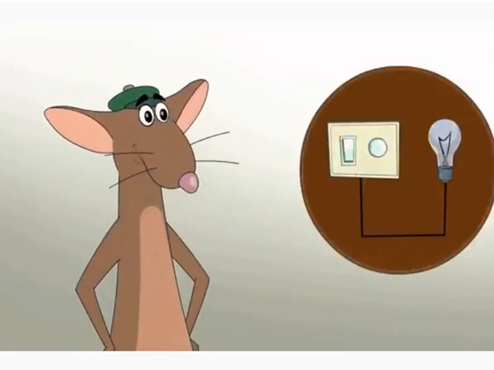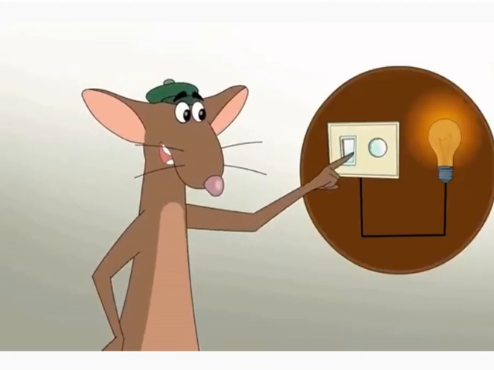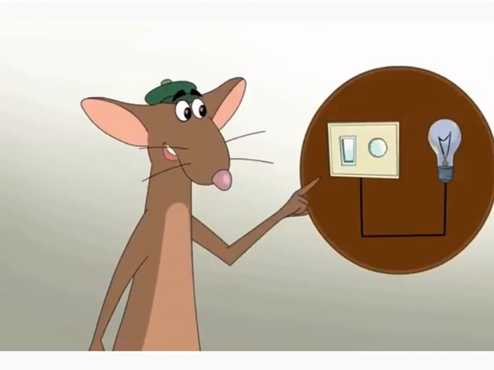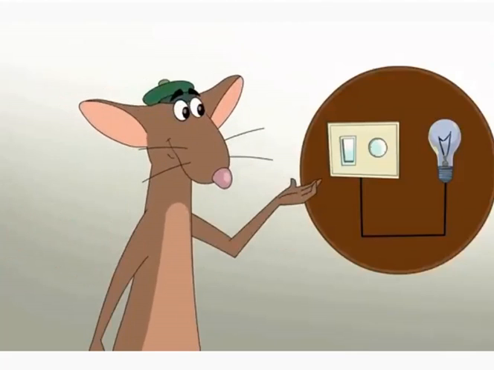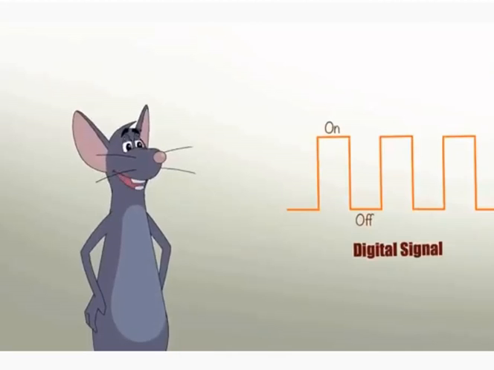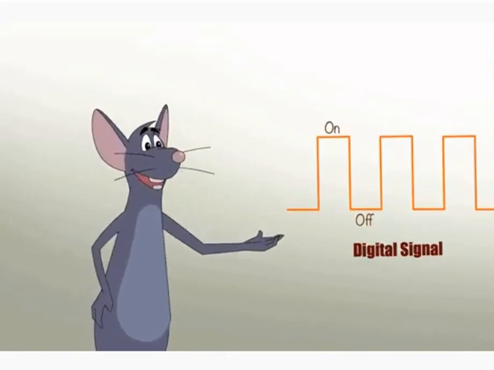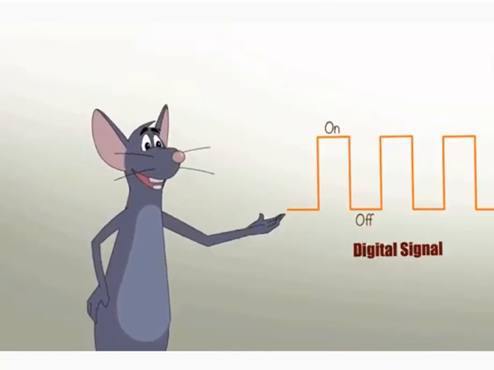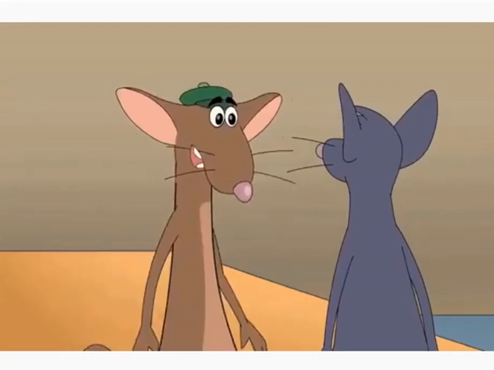Absolutely right. You are smarter than you think. Now, if I switch the light on and off like this, it is similar to a digital signal, where the signal has only two values, on or off. Now I understand. This means in digital, this is on and this is off. So the graph represents only two values, one off and the other on. Precisely, Mary. Now I hope you understand.